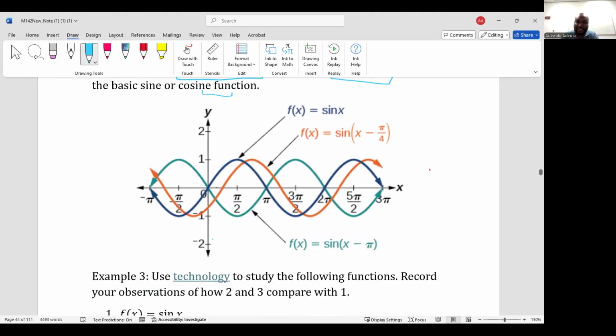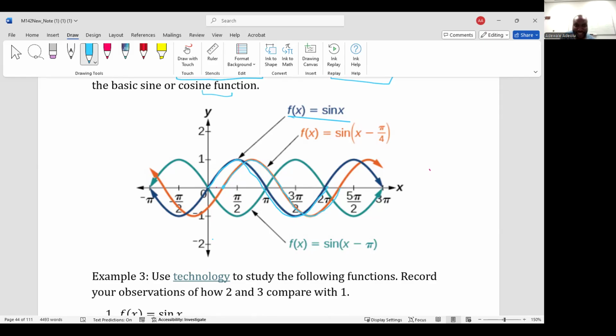Now, looking at this graph of sine of x, we can see clearly that f of x equals sine of x is not problematic again. We do know the behavior now. Now let us study this guy. Look at the behavior of this function.